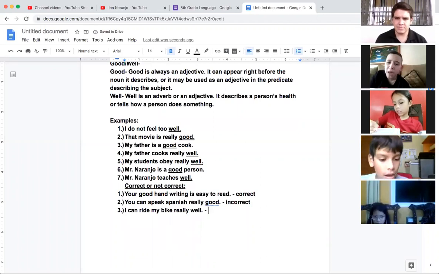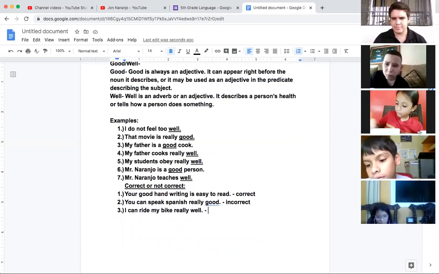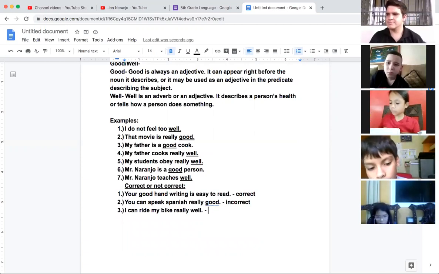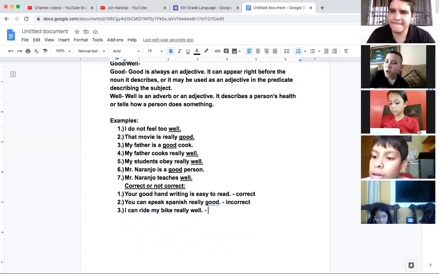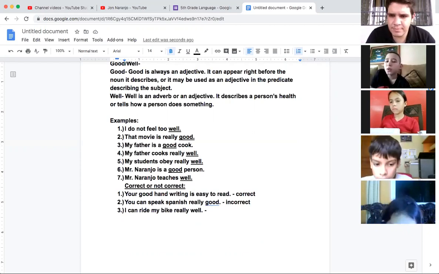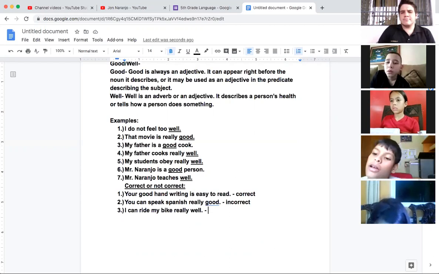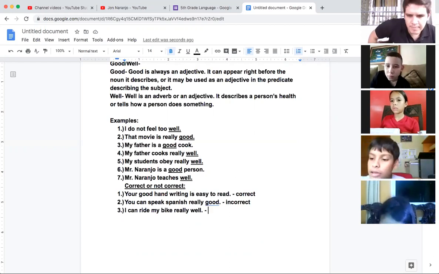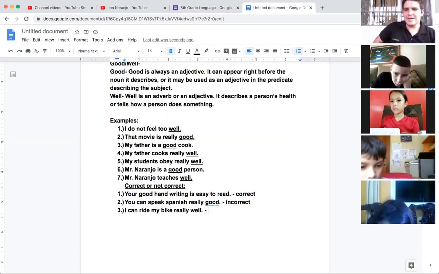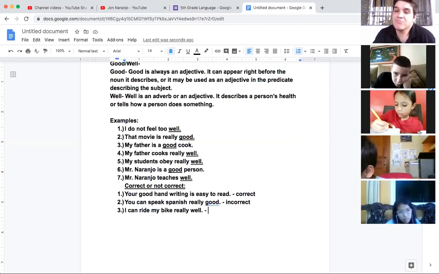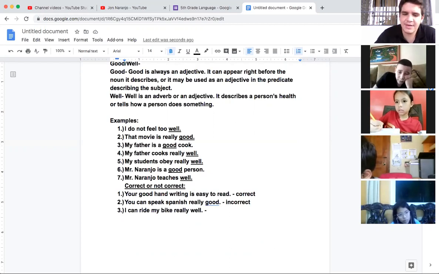No. I can ride my bike really well. I can ride my bike really good. Well, because it's doing something, right? Riding is doing something, so it's well. It's correct.